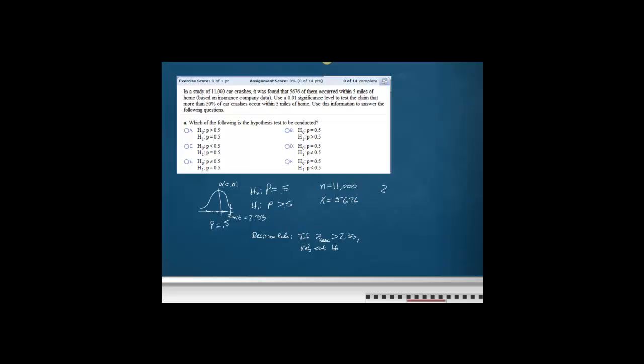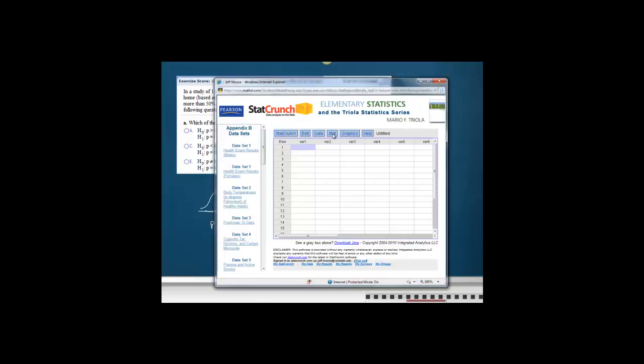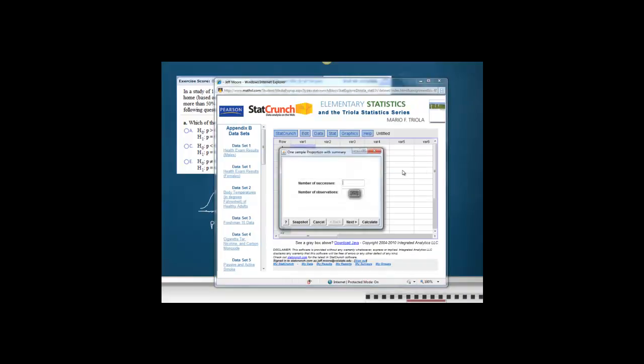So now we need to generate a z-test value, and we can do that using StatCrunch. We'll push Stat, Proportions, One sample, With summary. The number of successes was 5,676. The number of observations was 11,000. We'll hit Next.